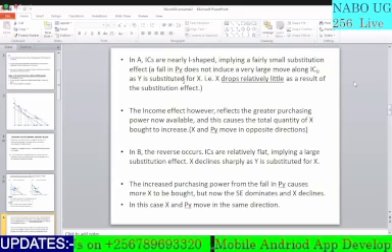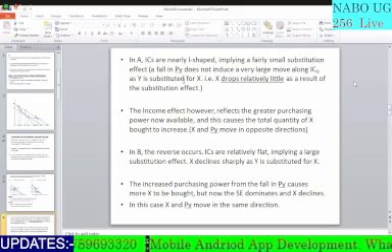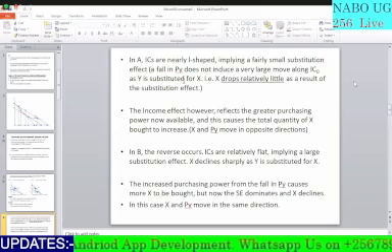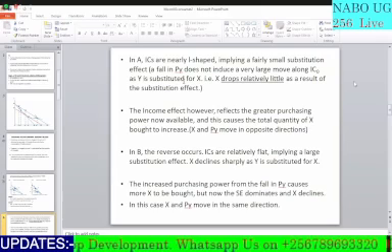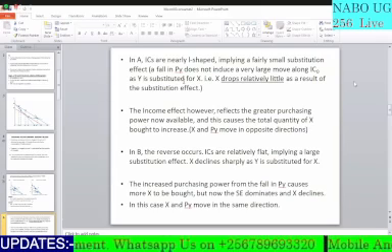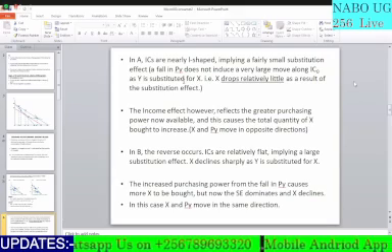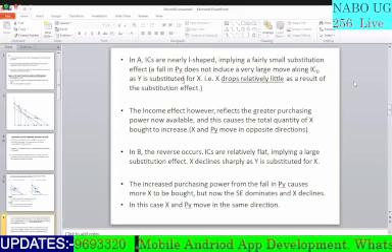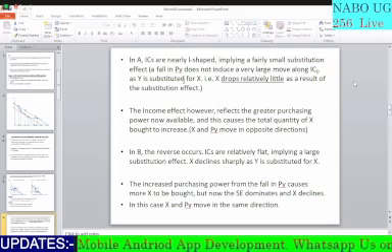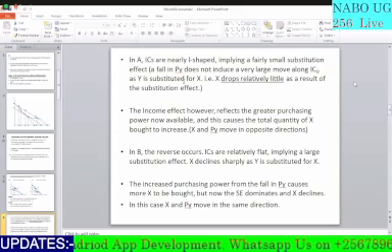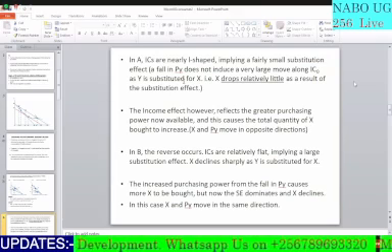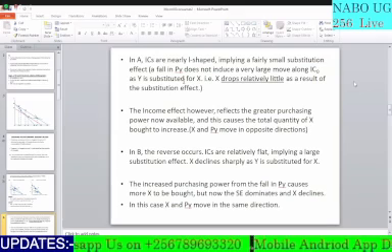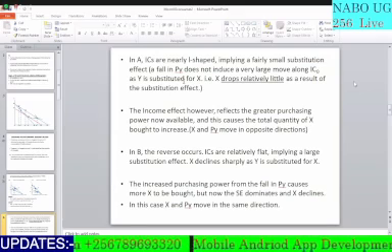Because we expect that when the price of Y falls, the individual is going to substitute X for Y, because now X is more expensive than Y. So he's going to increase the consumption of Y and reduce the consumption of X. But because the substitution effect is small, the fall in X is relatively small as a result of the substitution effect.